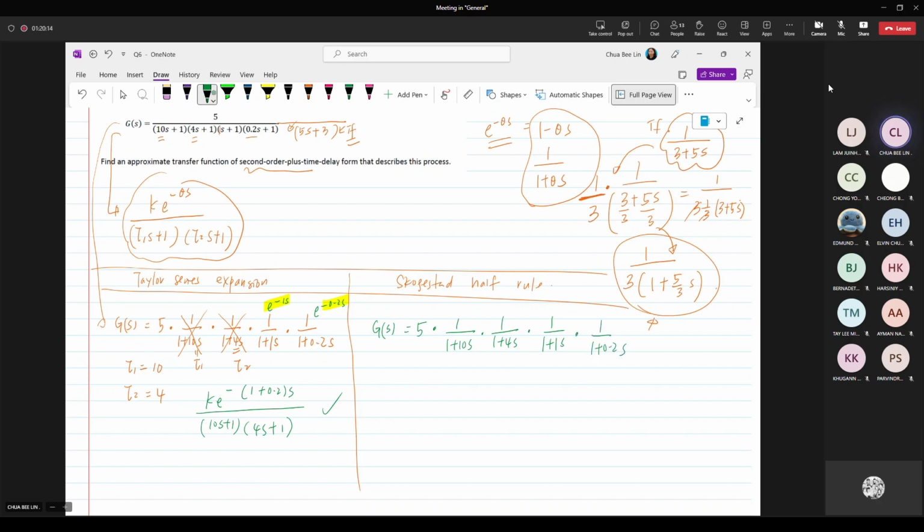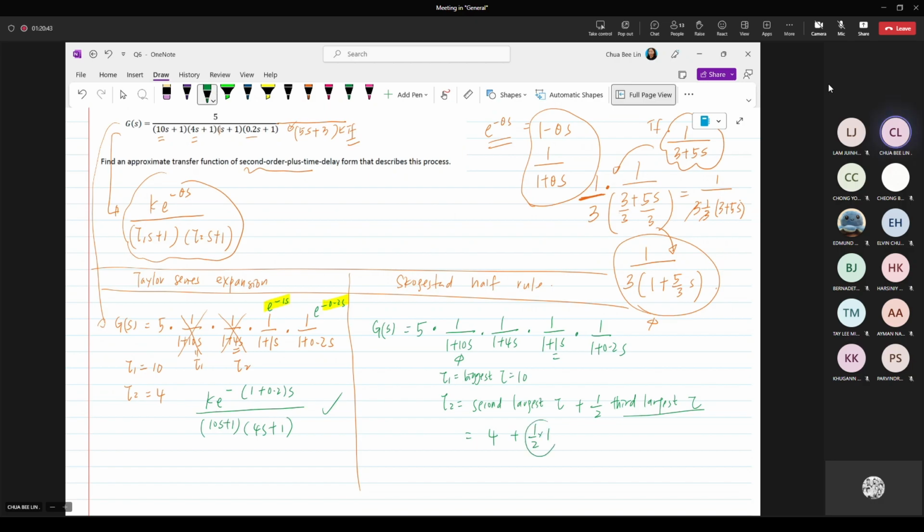So from here, tau 1 is the biggest tau, which is 10. Tau 2 is the second largest tau plus half of the third largest tau. So the second largest tau is 4, and then 1 over 2 of the third largest tau, which is 1.